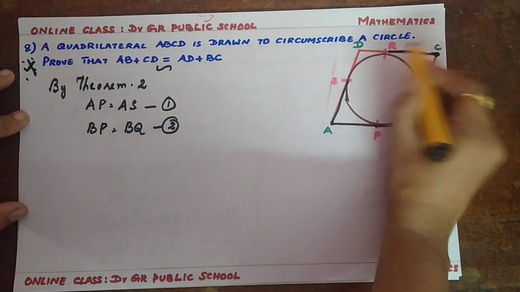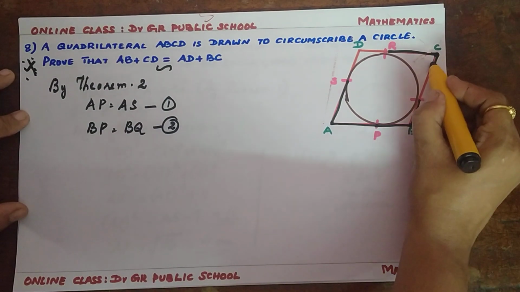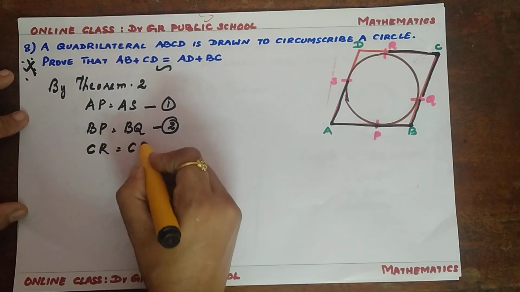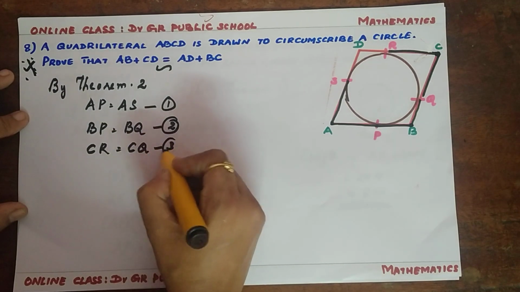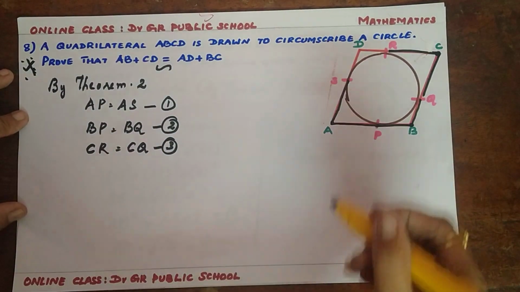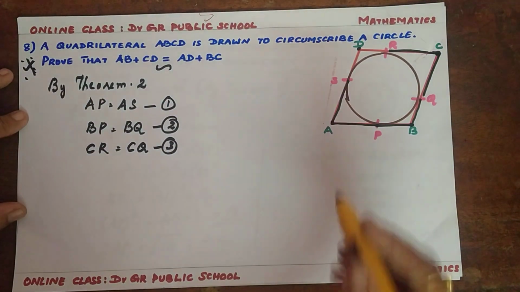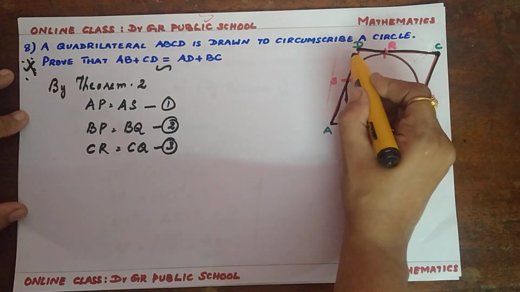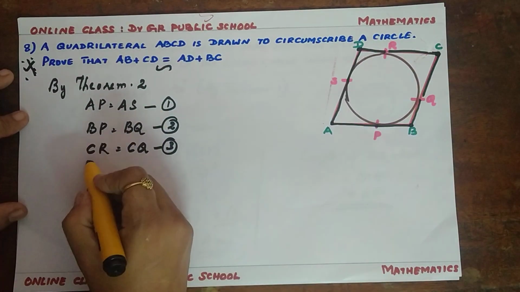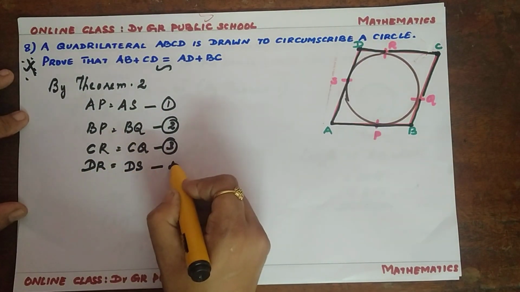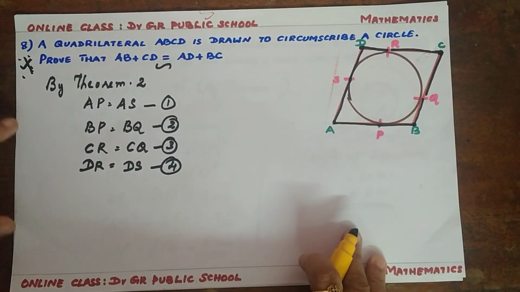So you can take CR equal to CQ. Am I right? CR equals CQ. Take it as equation number 3. And consider the fourth point D. D is an external point to the circle, so you can take DR equals DS. DR equals DS. Thus you got 4 equations by applying theorem 2.